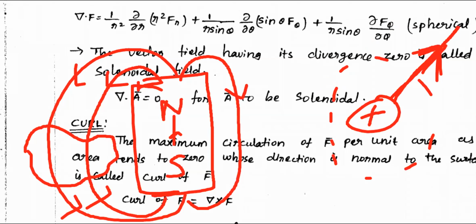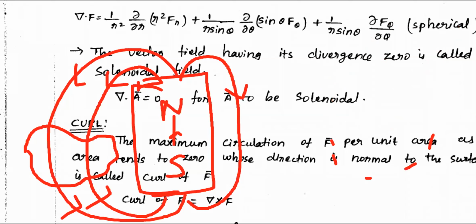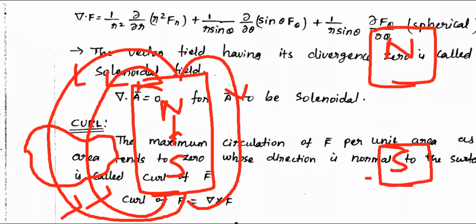But here the case is like this. Once if you have N, you will get S. As N and S are closer together, the magnetic field is created from this and it is ending with S. And the question arises, if I cut the magnet, what happens? From the properties of the magnet, even if you cut the magnet, you cannot create N alone or S alone.